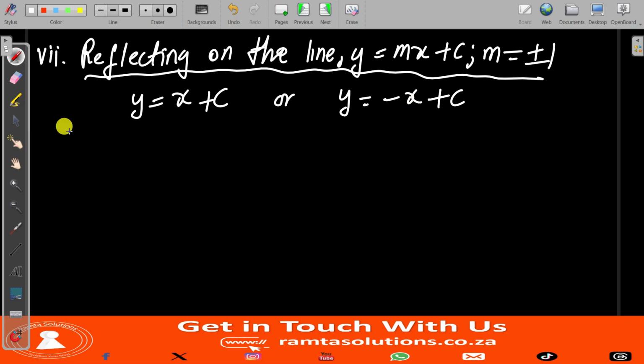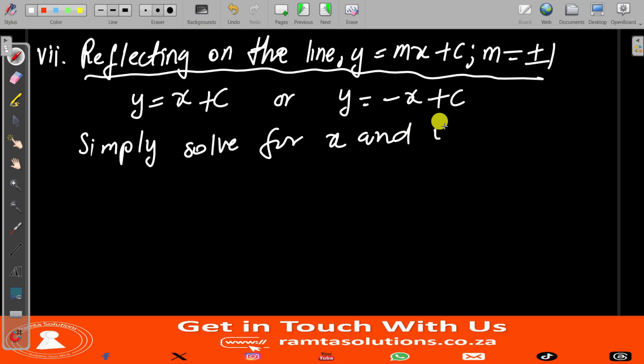With this one, simply solve for x and y. I don't really want to give you a rule, but if you solve for x and y, you have it. For this one, I'm sorry guys, I have to just give you an example.